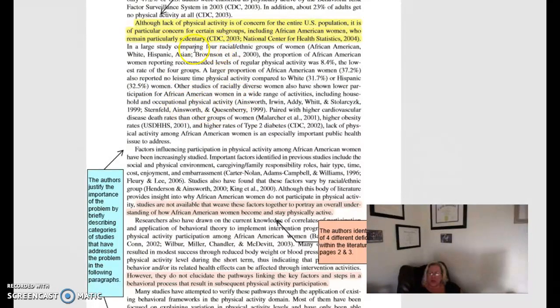So as I glance through this, I can see they've got some studies that they're citing. Then here I can see they're giving some percentages, and then on down, here's another study. So this is a lot of evidence, and that's what they're providing. When you're writing a paper like this, you're not giving your opinion, you are providing evidence.